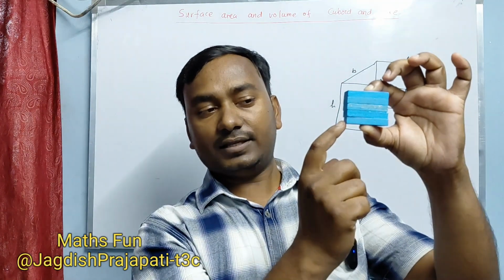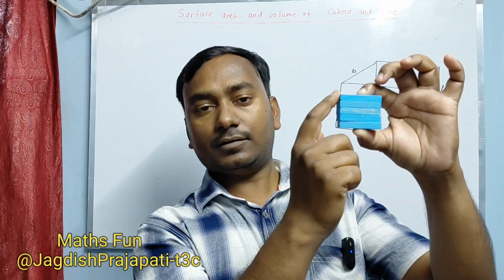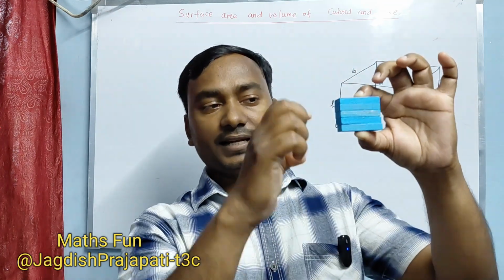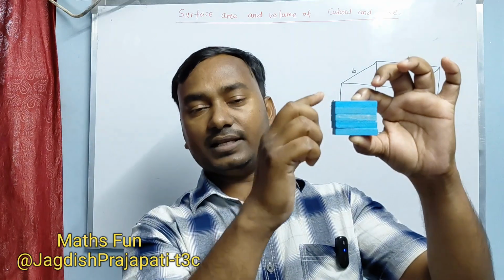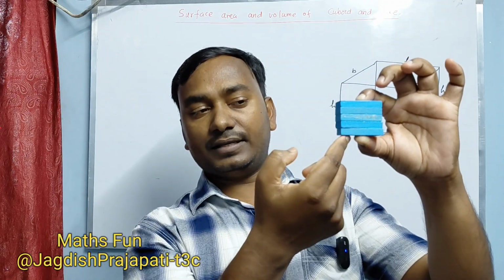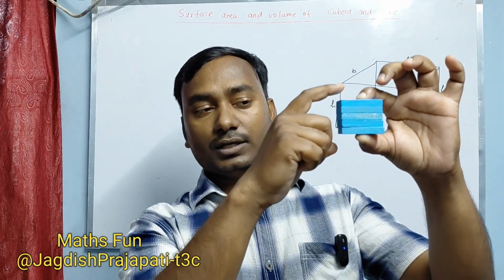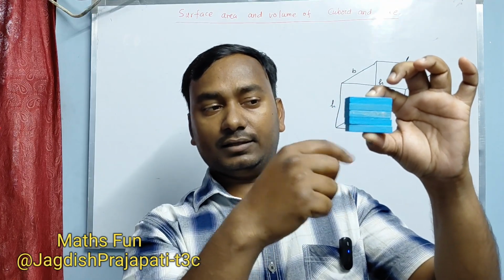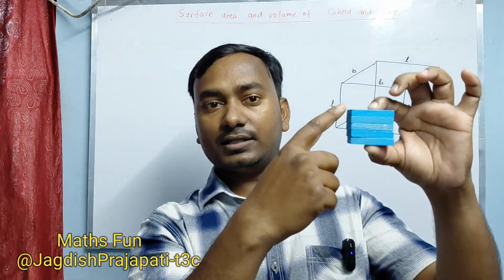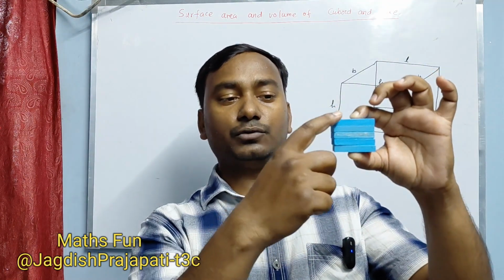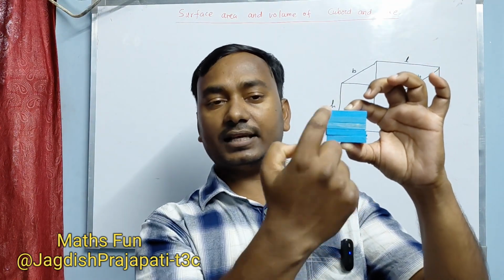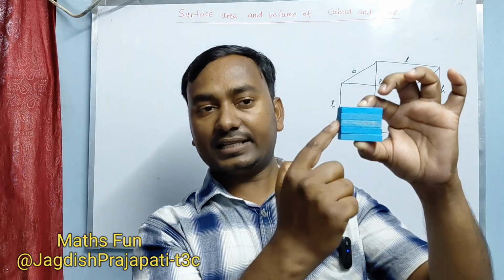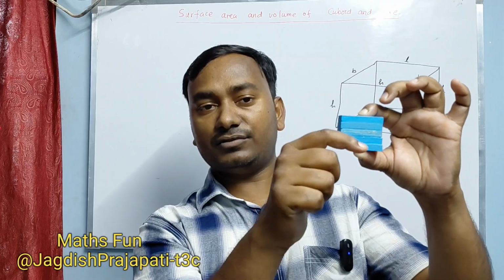The area of this will be B into H, and similarly the same will be here, and the area of top and bottom will be L into B. So this will be L into B and this will be L into B. So every face comes twice, and those are equal in area. So we can write 2LB, 2BH and 2HL.